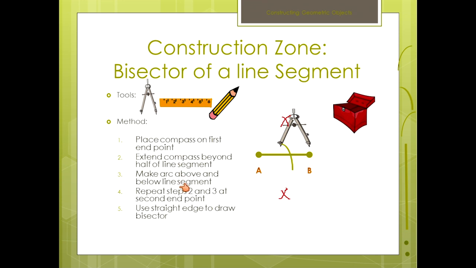And now we're going to use our straight edge. And I'm going to use the line tool here in the program in order to give me a straight edge. And it will be able to give me a bisector of my line segment. I'm going to move the compass tool out of the way so you can see that. And I can put my endpoint right there to know that this is my line segment.